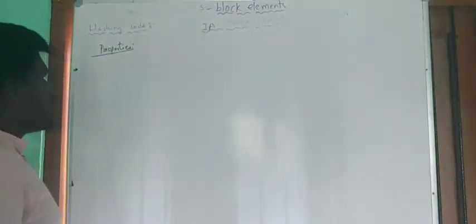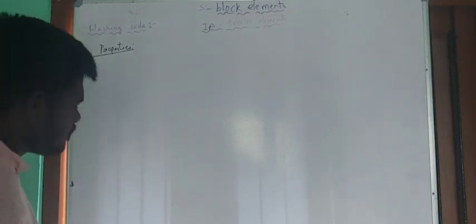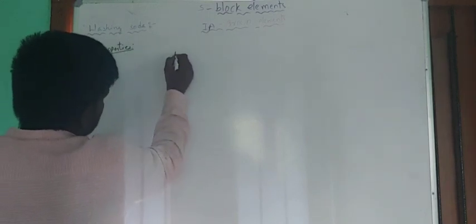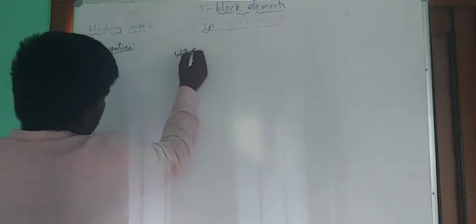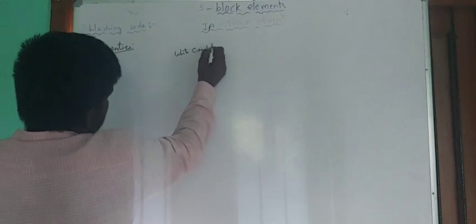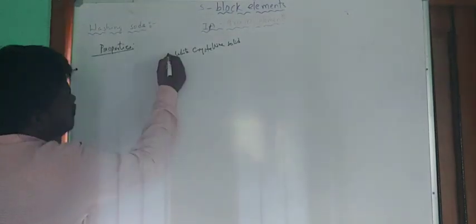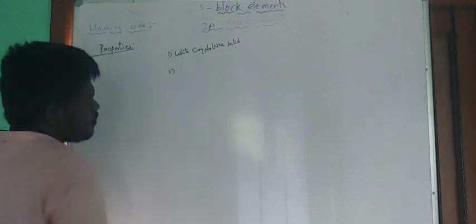So right students, next one, properties of washing soda. Washing soda is a white crystalline solid. Next, it undergoes dehydration upon heating.